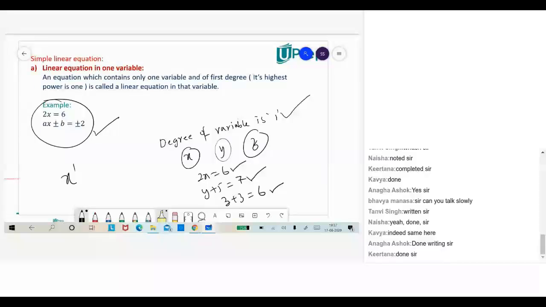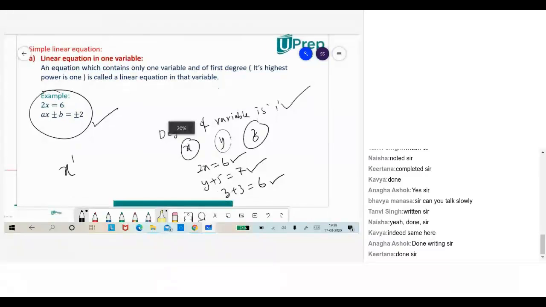If the linear equation has only one variable, it's called a linear equation in one variable. It's an equation which contains only one variable. It has to be linear, meaning the degree of that variable has to be 1. That's the reason why we call it a linear equation in one variable.